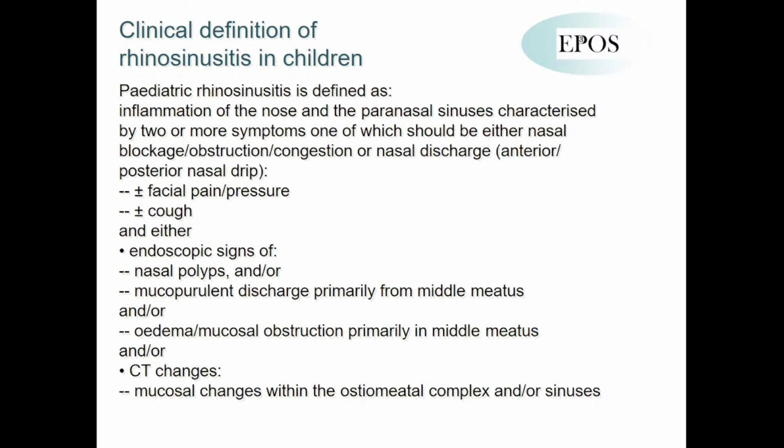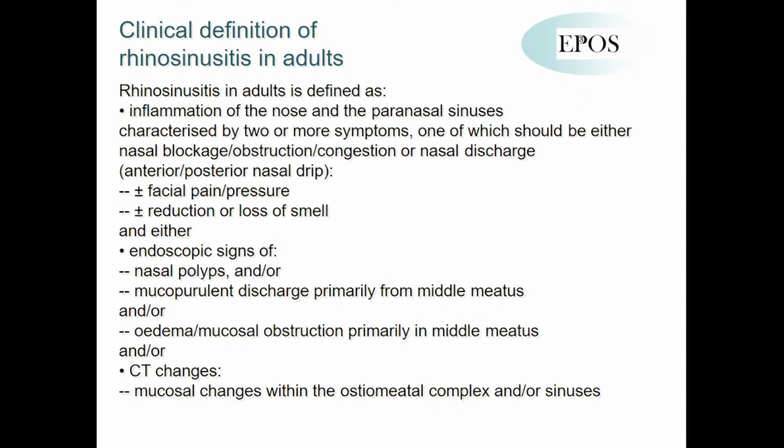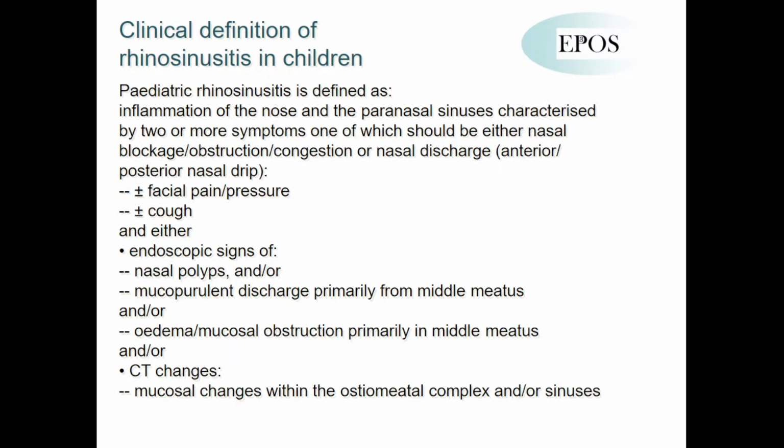If comparing with the previous definition in adults, there it's reduction or loss of smell, in children it's cough. And either endoscopic signs of nasal polyps and/or mucopurulent discharge, edema or mucosal obstruction, and CT scan changes.